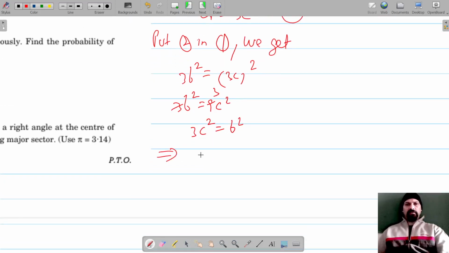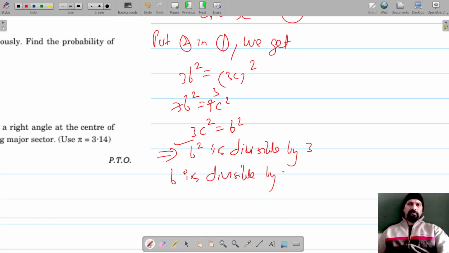So this means that b square is divisible by 3. So b square is divisible by 3 means that b is divisible by 3.